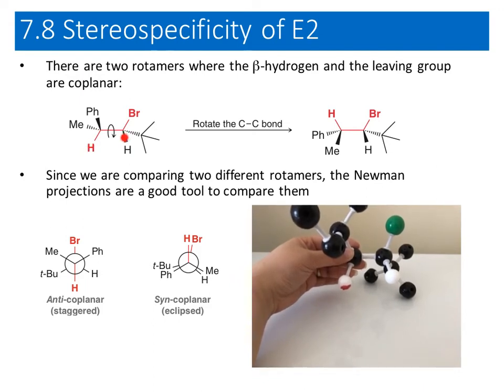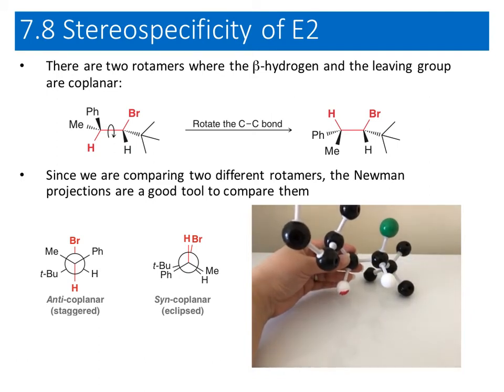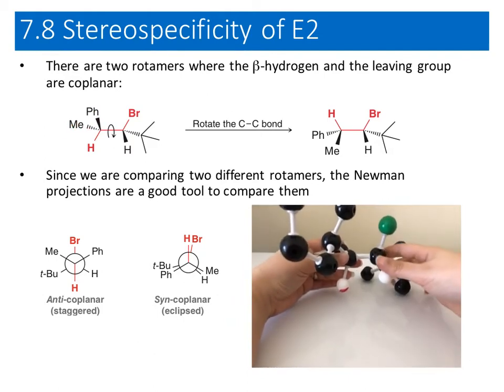Now the hydrogen is coming out of the plane of the page on alpha carbon, and the tertiary butyl is going into the plane of the page. So this is the tertiary butyl, and this is the hydrogen. And we also have phenyl coming out of the plane of the page, and methyl is going into the plane of the page on beta carbon. So they are all shown here.